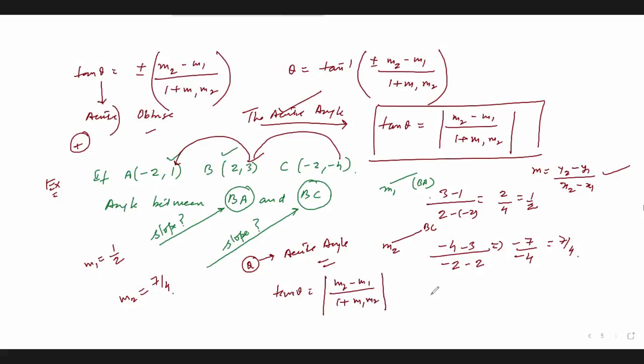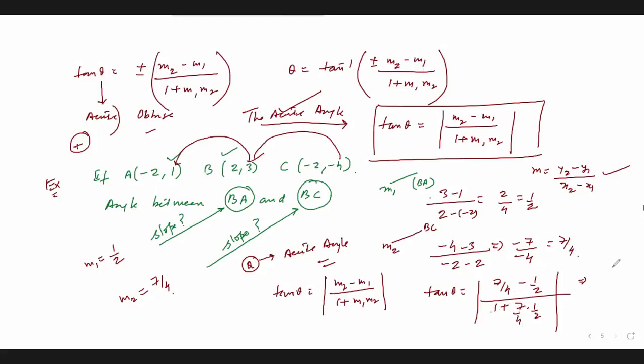By putting in the values, tan theta is 7 upon 4 minus 1 by 2, divided by 1 plus 7 upon 4 into 1 by 2. We will evaluate this. Taking the LCM 4 and multiplying 7 by 8, we get 8 plus 16 by 8.